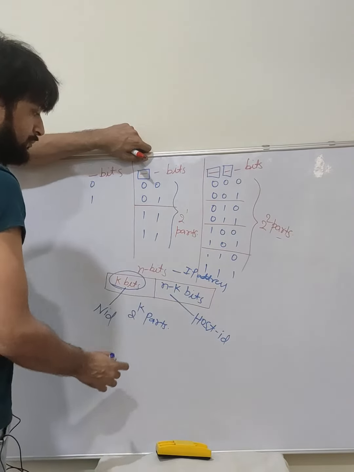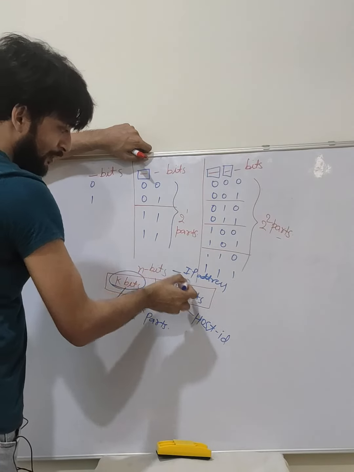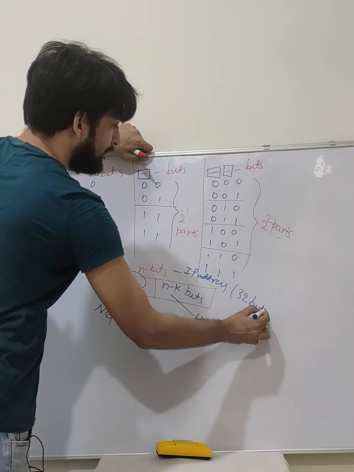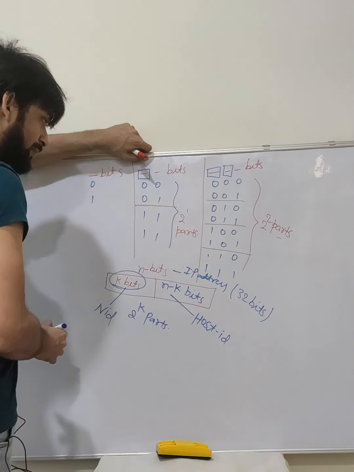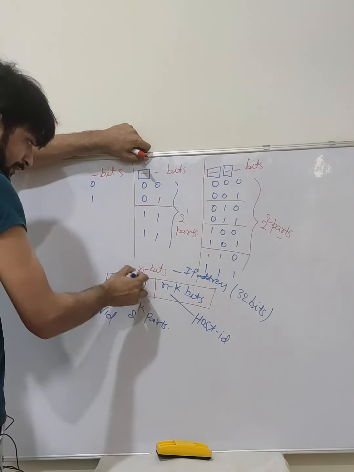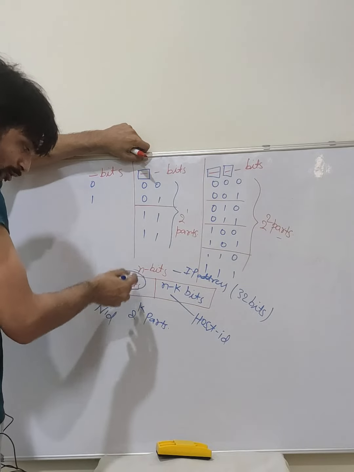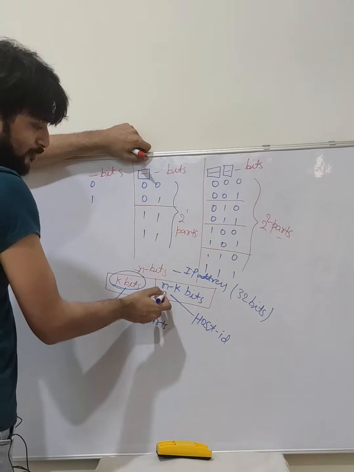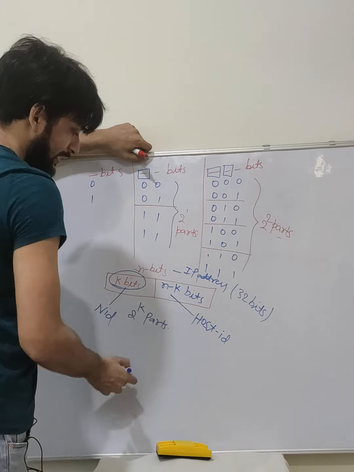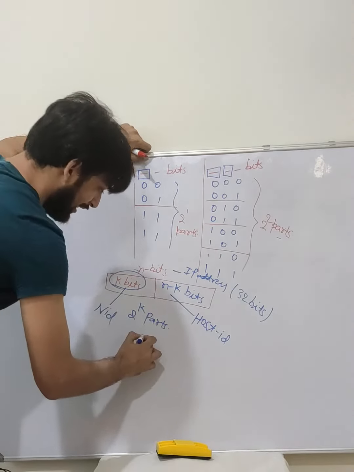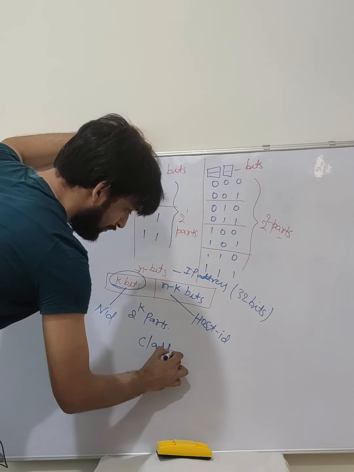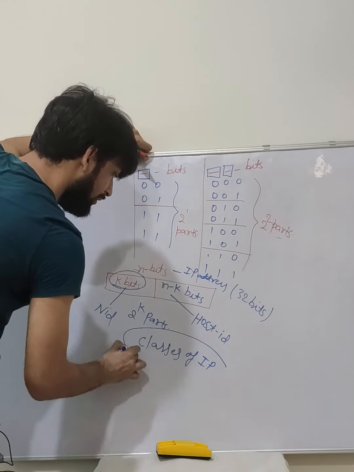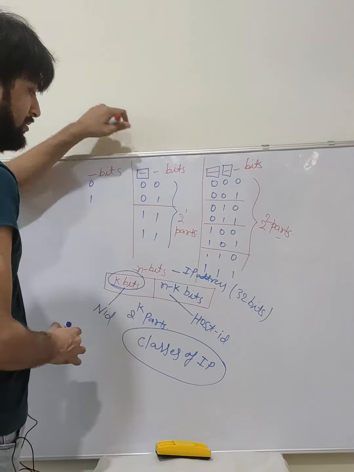In our computer network, the IP address is 32 bits, version 4 only. How to choose the k bits, how many bits remain for the host ID, all this comes under classes of IP. We are going to see classes of IP next.